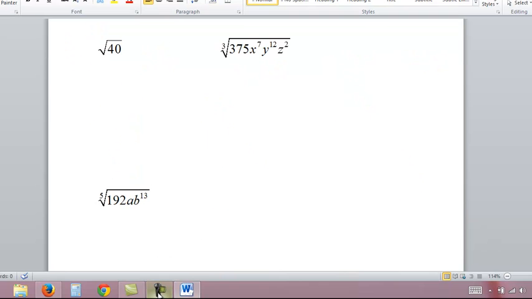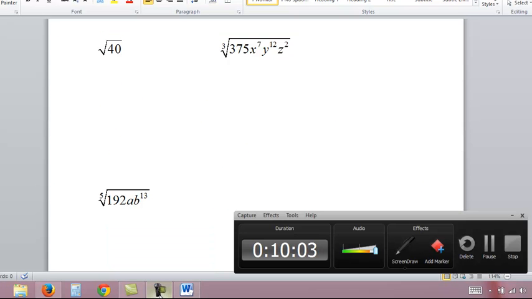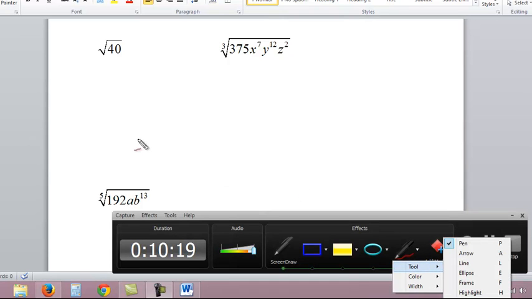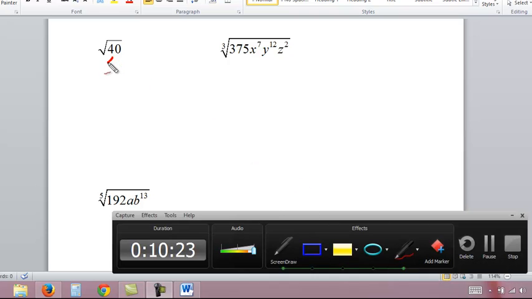So go ahead and try the square root of 40. You can see how that works. And if you broke it down to the 2 and 20, sorry, I'm having some technical difficulties here.